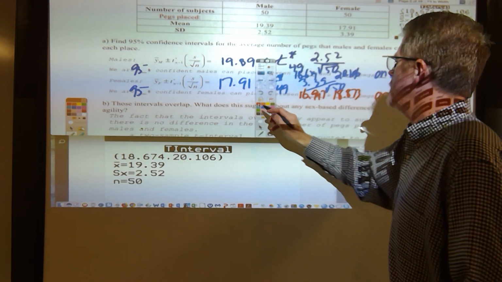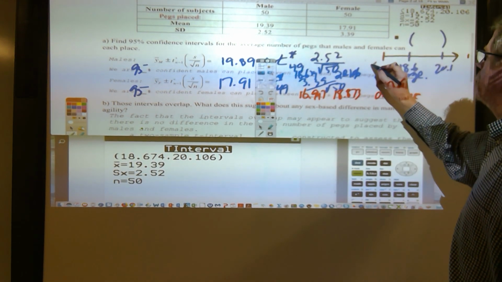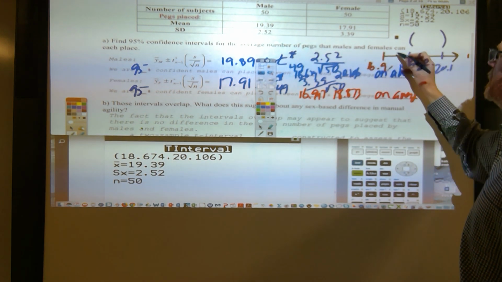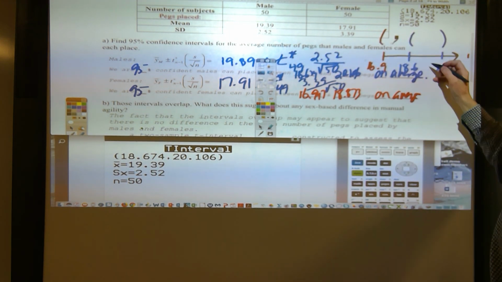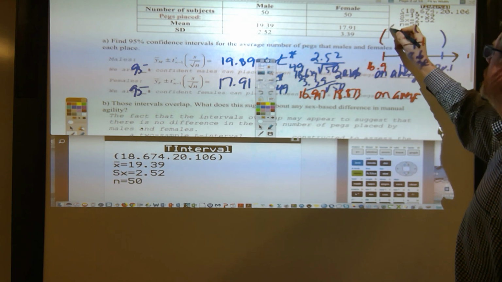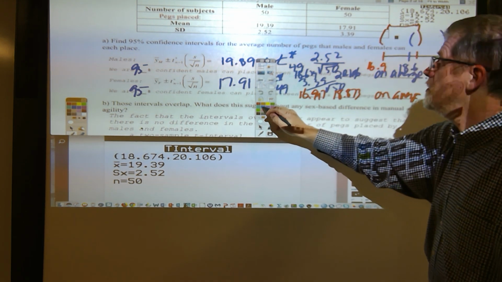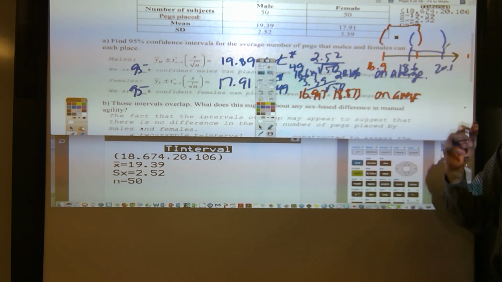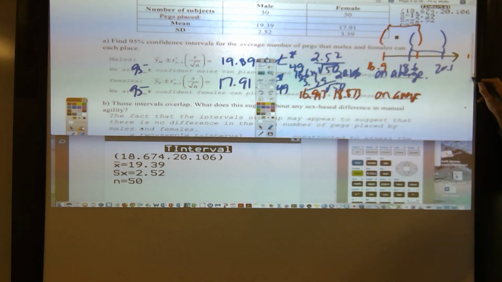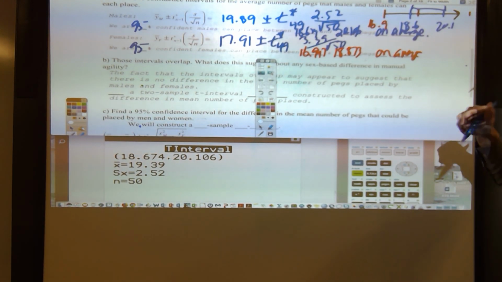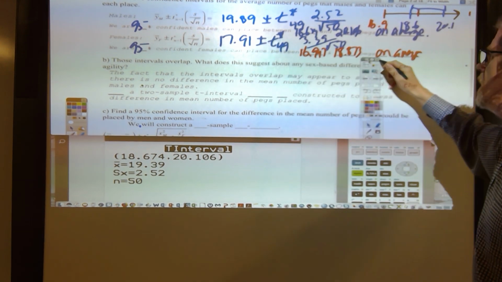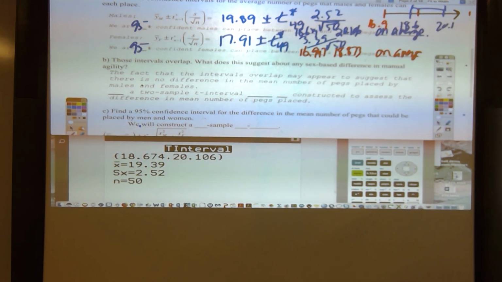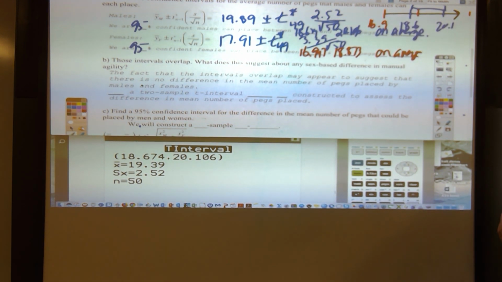The confidence interval for females is 16.9 all the way up to 18.8. So people who are confused might say, oh, look, the confidence intervals overlap. Therefore, there must not be a statistically significant difference on average. So those intervals overlap. What does that suggest about any sex-based difference? The fact that the intervals overlap may appear to suggest that there is no difference in the mean number of pegs between men and women.